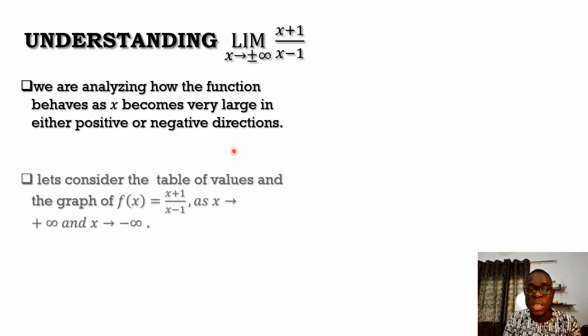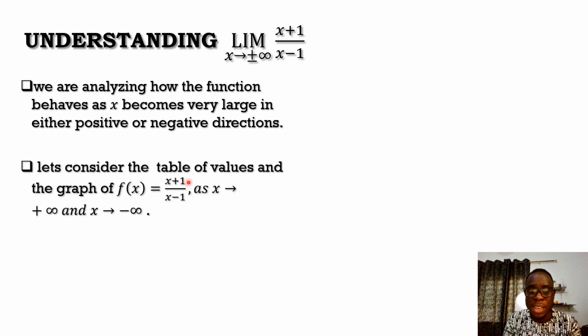So here we consider the table of values and the graph of f of x, which is x plus 1 divided by x minus 1, as x approaches a very large number, which is positive infinity, and x approaches a very, very small number, which is negative infinity.